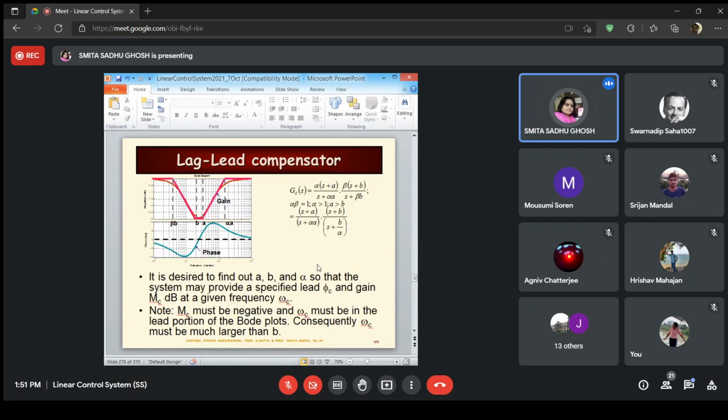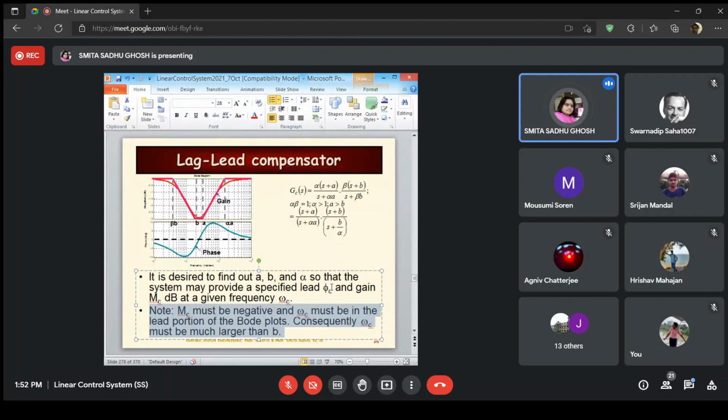Just go through these points quickly before winding up. It is desired to find out A, B, and alpha so that the system may provide the specified phase margin at frequency omega c. Now, if we want a positive contribution from the magnitude and the positive value of phase lead from the compensator, we would have anyway used a lead compensator.